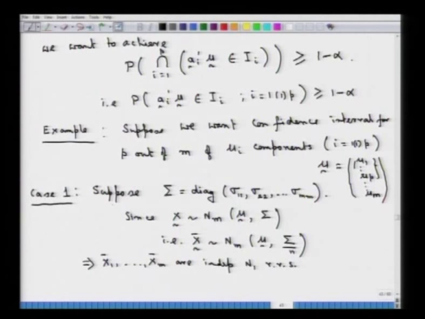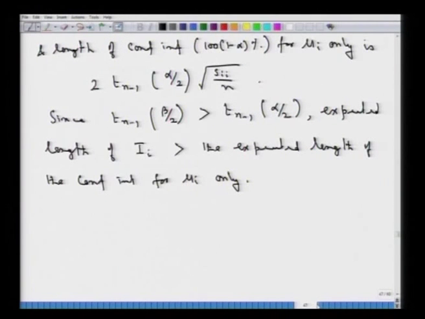Now, the first case what we had seen in the last lecture was that we had assumed that sigma is a diagonal matrix, so that the components of x multivariate random vector become independent, and under such circumstances we had derived the simultaneous confidence interval covering mu 1, mu 2, mu p, and we had also the discussions about that.